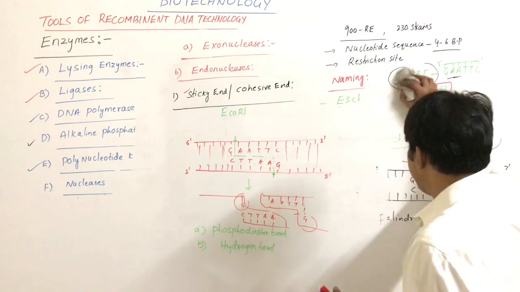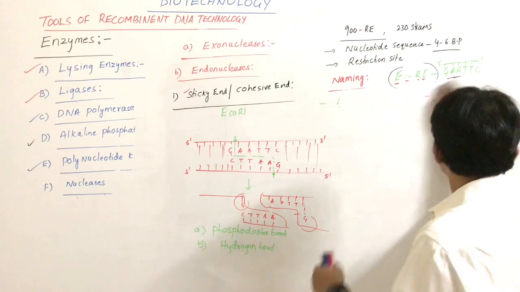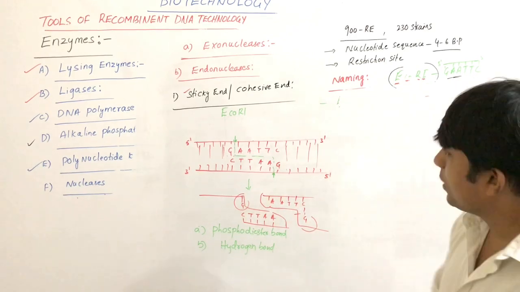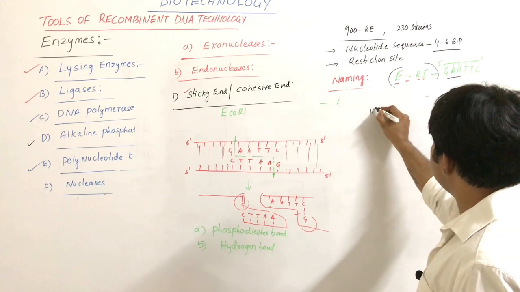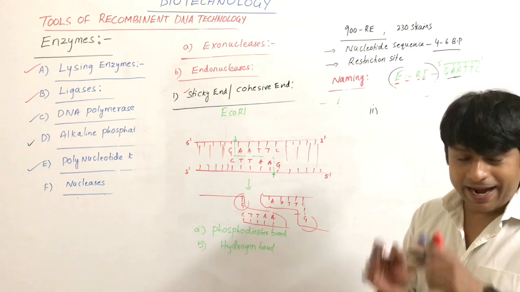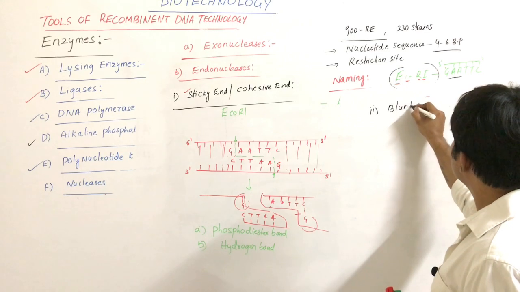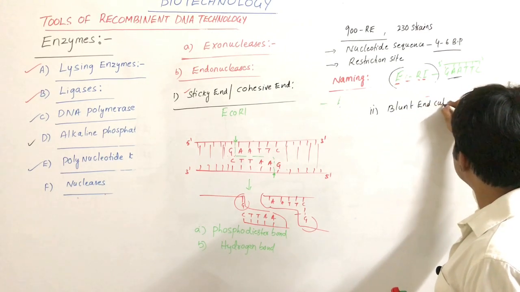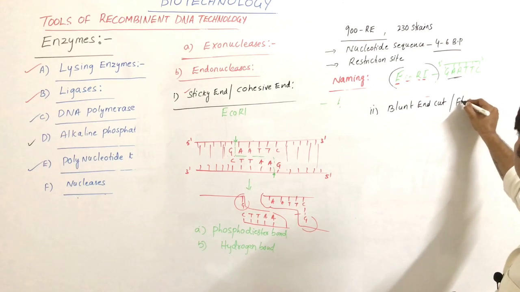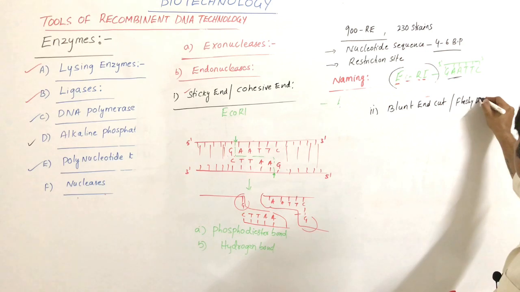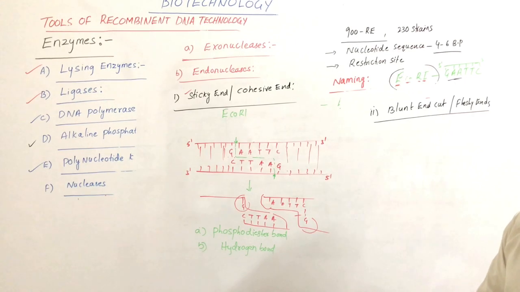Some restriction enzymes cleave the DNA at the center of the palindromic sequence. It is called blunt end cut, or we can say these are flushy ends, blunt ends or flushy ends.